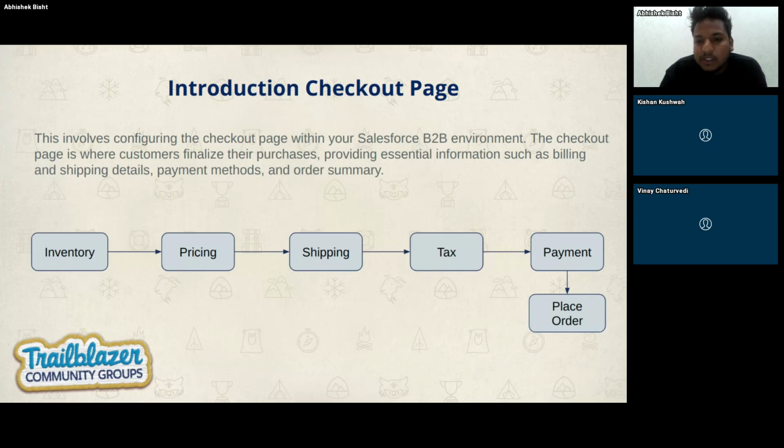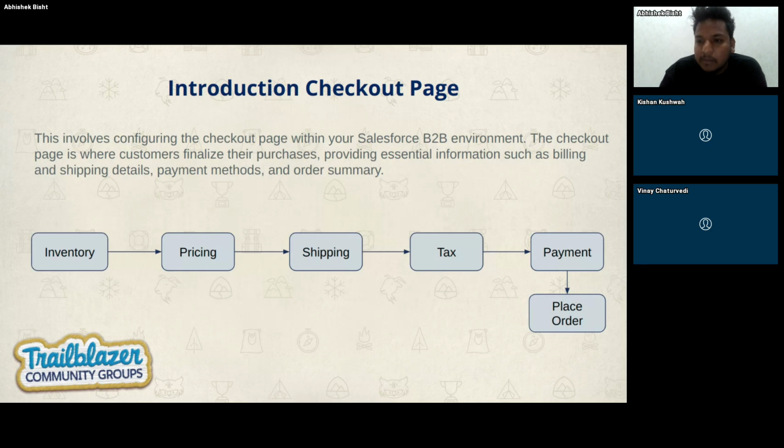The shipping method is required for placing the order. We will discuss this block in the next slide. After that, the tax. Whatever shipping method we select, the tax will change appropriately.